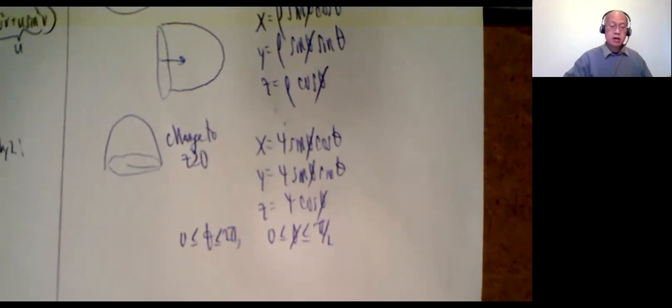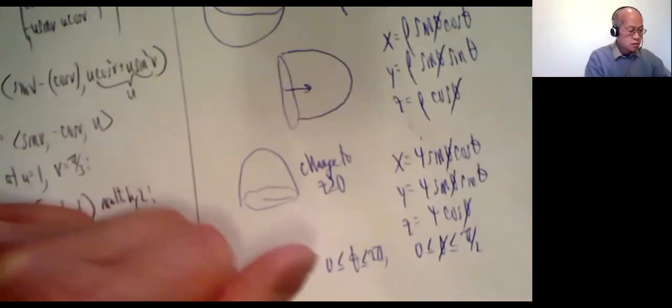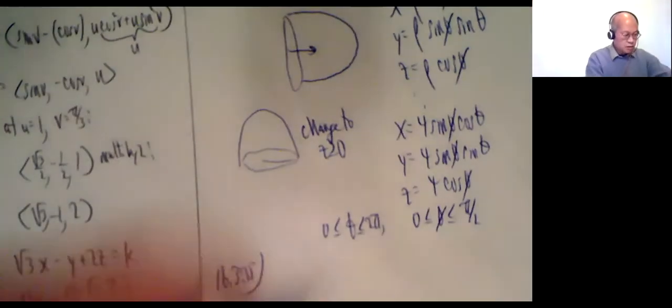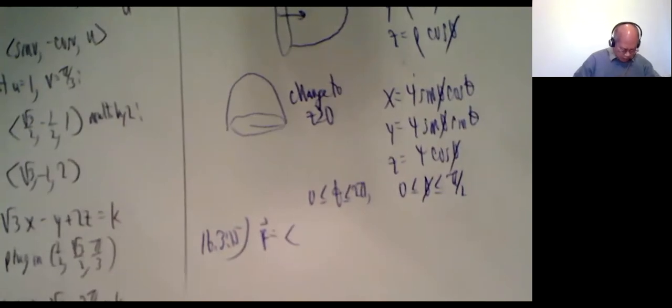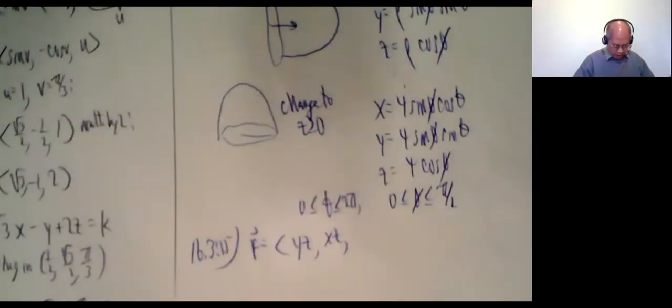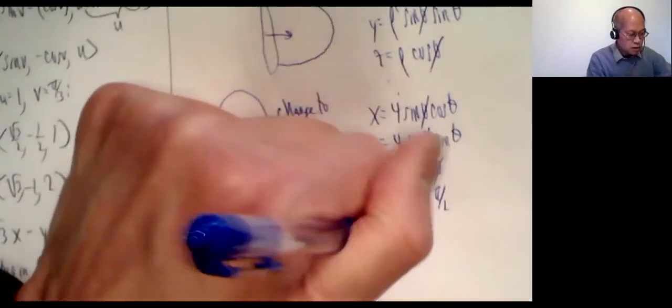16.315. Okay, so F is equal to YZ i plus XZ j plus XY plus 2Z k.